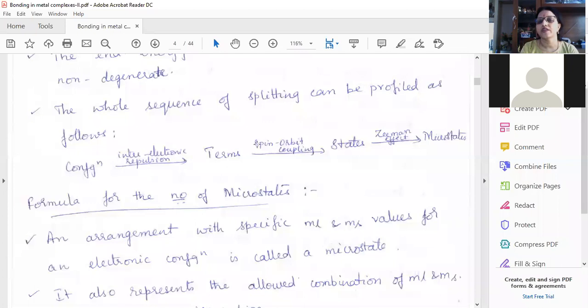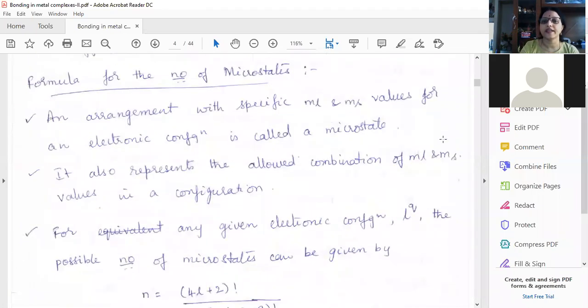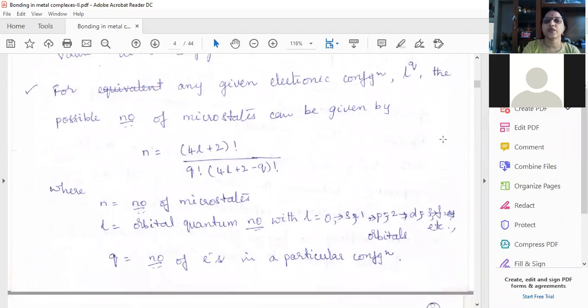Because of the coupling of that, they split into states, and when exposed to a magnetic field, which is the Zeeman effect, you get the microstates. So how to calculate any microstate? You have the formula. Microstates are the end energy levels after which there is no other splitting, that is why you call it micro.